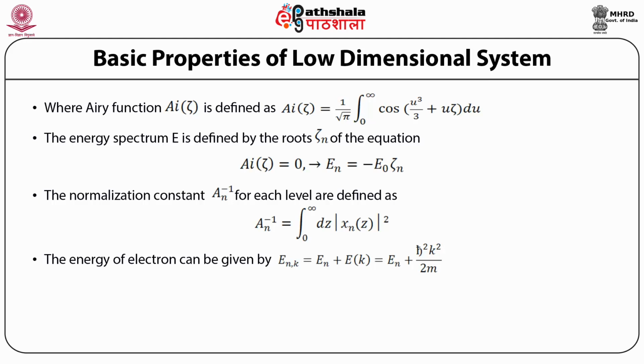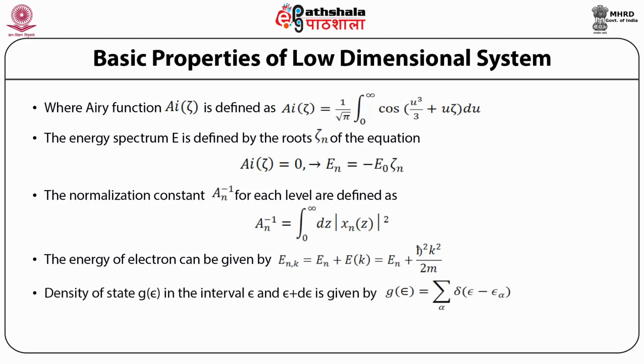So now here each level creates a sub-band for the in-plane motion. So here the effective mass m of the electron or the hole, determined by the band structure of gallium arsenide, is much smaller than the mass of a free electron.